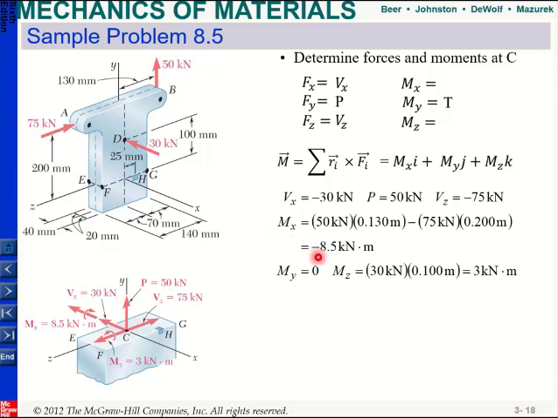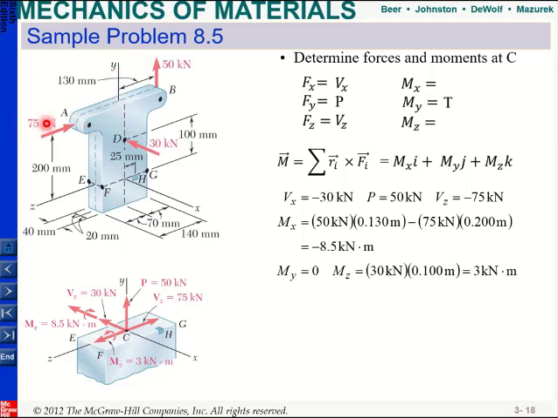A couple of things. If you have a force, for example this one, and it goes through this y-axis, it will never create a moment along the y-axis. Also, it will never create a moment which is parallel to that axis. Since this is the x-axis and it's parallel to x, it doesn't create a moment along the x direction, and since it goes through the y-axis, it does not create a moment along the y-axis.